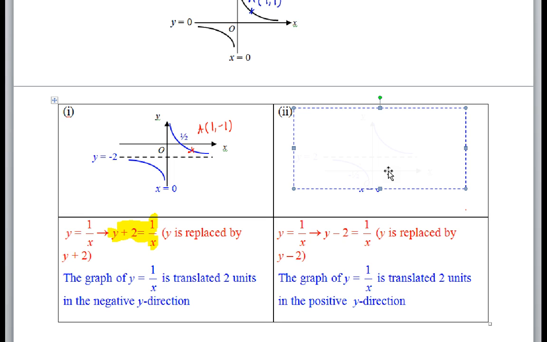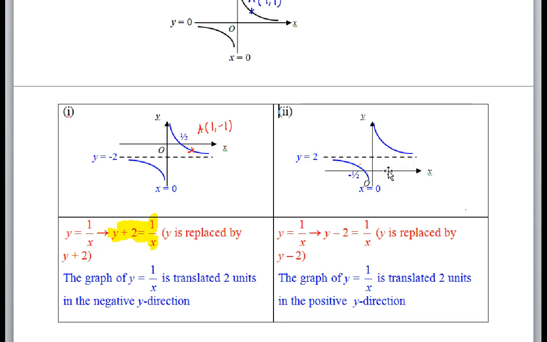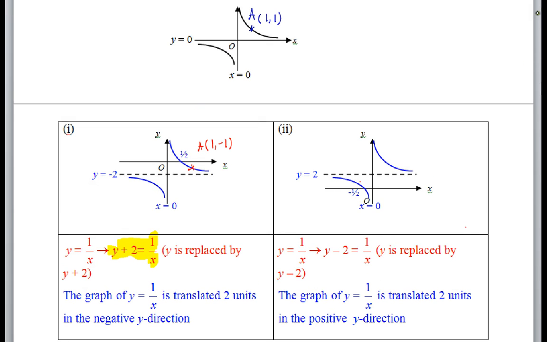It's a horizontal asymptote. If it's translated in the y direction, it's also translated 2 units upwards. And again, you should not forget what happened to A. What happened to A here? A is then translated upwards by 2 units, which means A should be somewhere here.